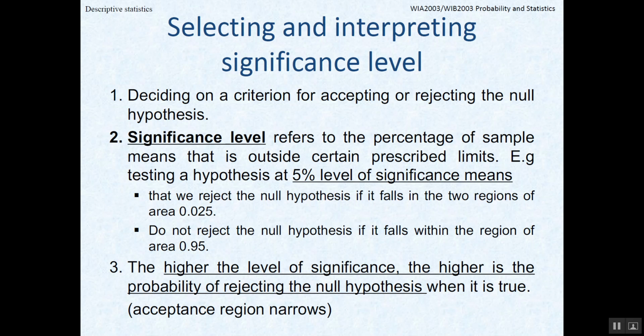You set the level of significance depending on how crucial, how critical, or how dangerous your study is. For example, there's one example later on about medication. You want to see whether one medication is working or not. Will you give a lower level of significance or higher level of significance?